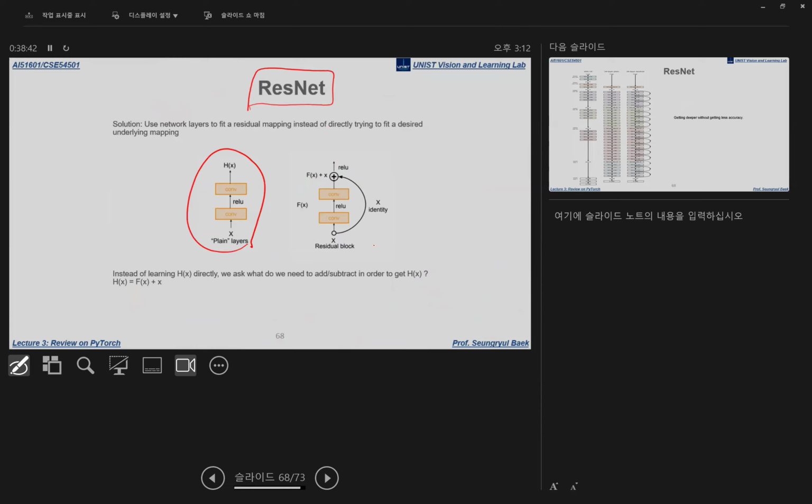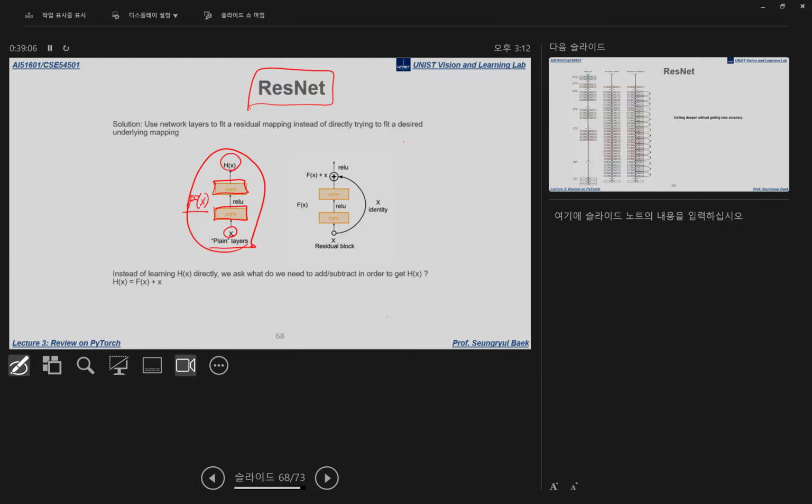This is the normal deep learning architecture that sequentially stacks the layers, okay? So this is the input X, and these are the convolutional layers. And we can represent these two convolutions as F(x), okay?